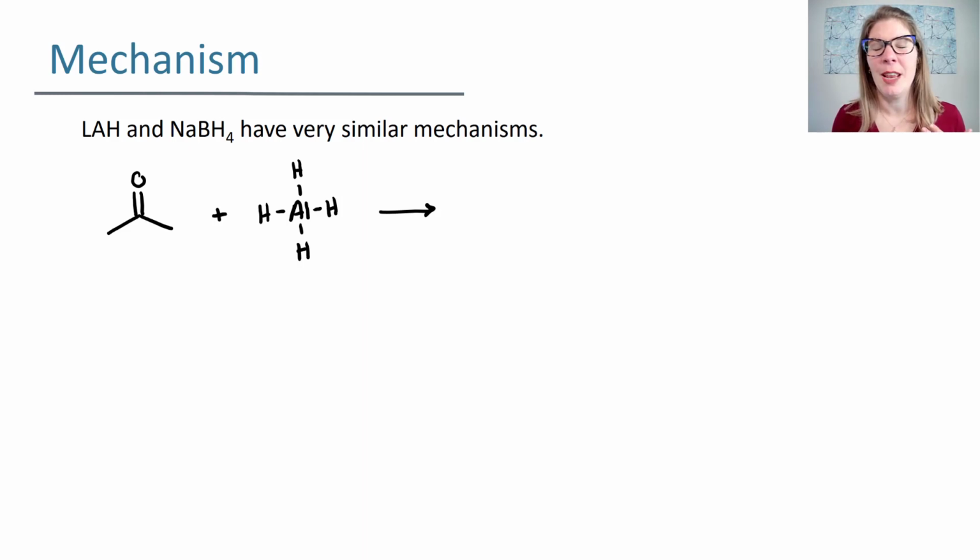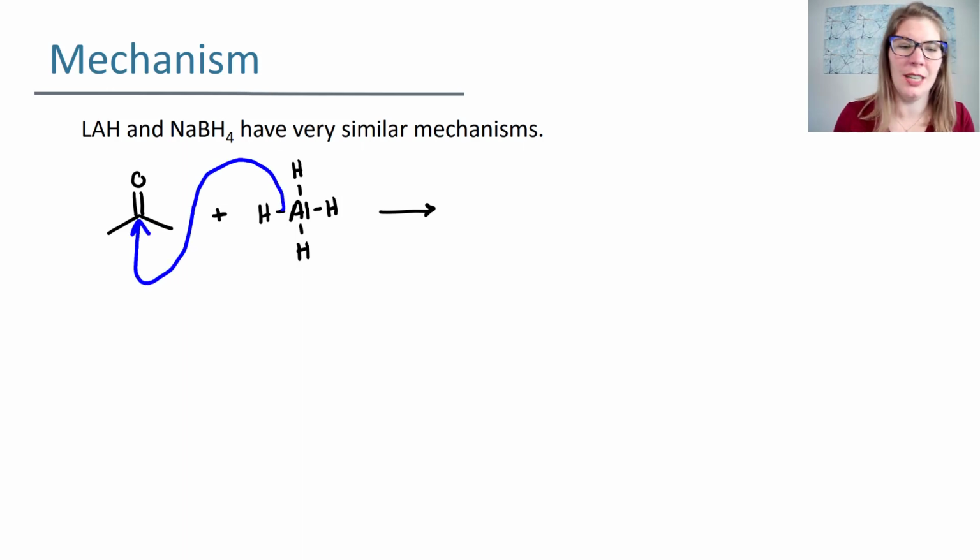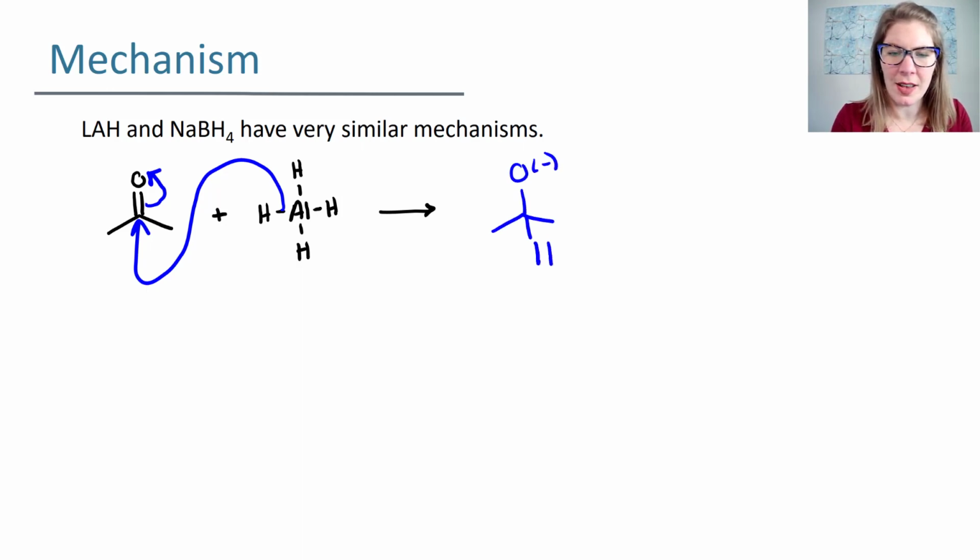What happens, in both of these cases, is that the hydride, which is a hydrogen plus its electrons, attacks the carbon of the C double bond O. So your pair of electrons and the hydrogen attack here. That opens up this pi bond. It breaks it, and those electrons go on to the oxygen. Now I have an oxygen that's negative, and I just added a hydrogen.